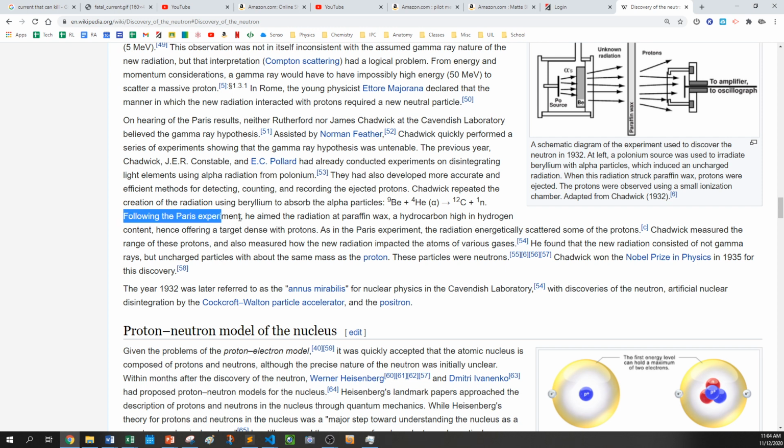And then he repeated the paraffin experiment, aiming it at paraffin wax, which has a lot of carbon in it, so it's dense in protons, and it scattered some of the protons. He measured that the protons scattered by this new particle went the same distance, showing the new particle had the same mass as the proton. If that makes any sense.